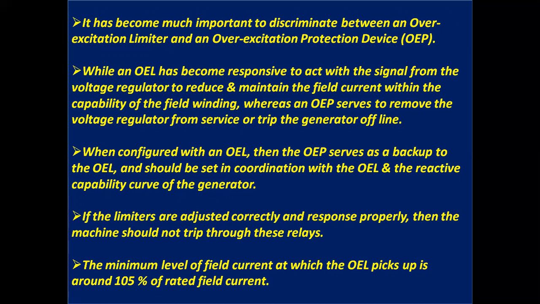If the limiters are adjusted correctly and respond properly, then the machine should not trip through these relays. The minimum level of field current at which the overexcitation limiter picks up is around 105% of rated field current.